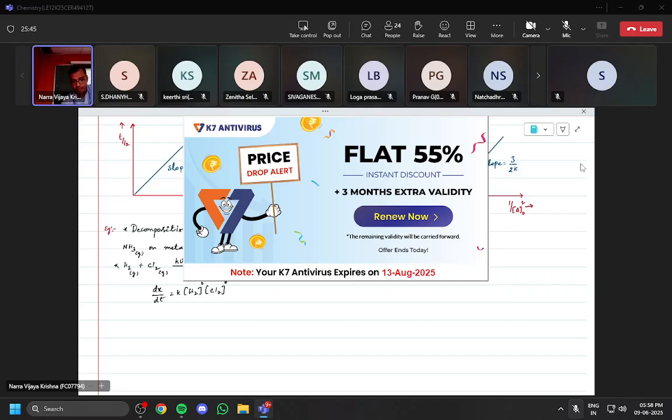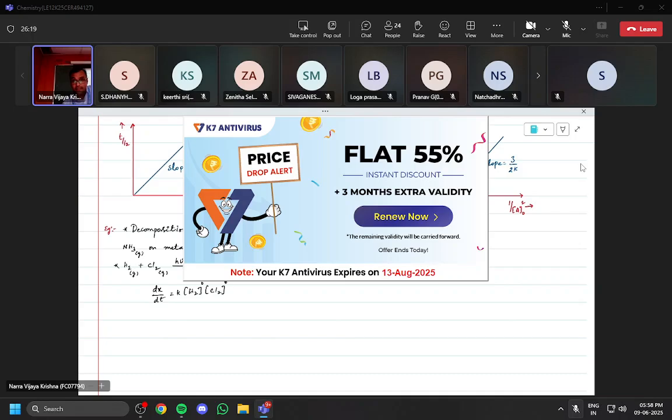Now, examples for first order reaction. One example, thermal decomposition of nitrous oxide, right? So I can write that in this way: N2O gas gives rise to N2 gas plus O2 gas. So balance this reaction accordingly. I will write 2 here, 2 here. Reaction got balanced.